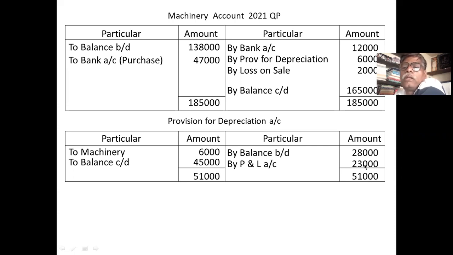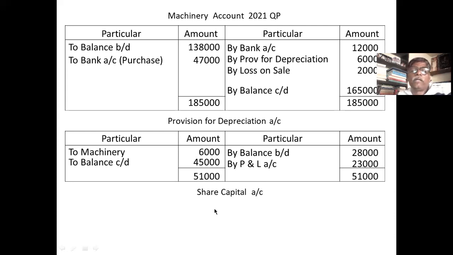You take this 23,000 to the cash from operation statement. Prepare the account and take this amount. This type of account I prepared in the fund flow statement also. Same problem. Clear?